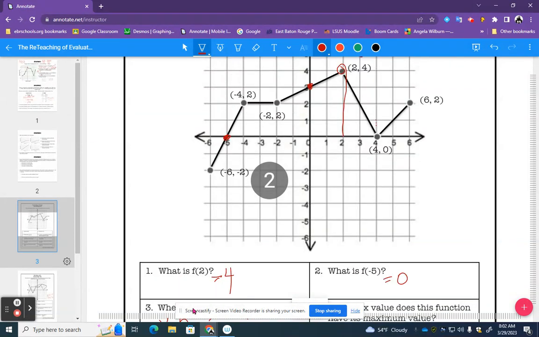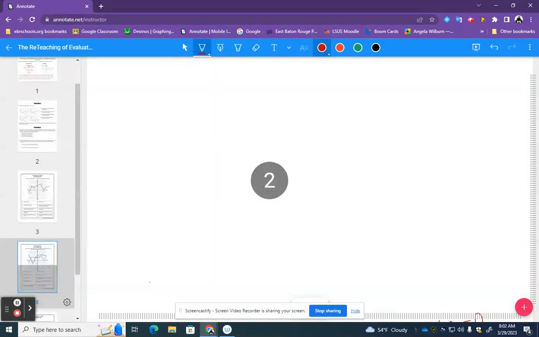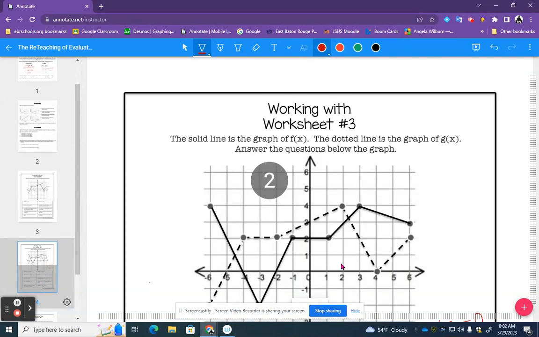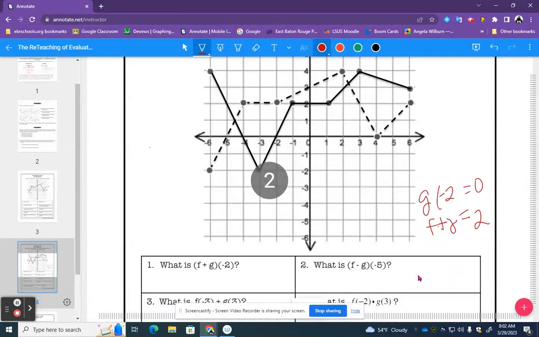So y'all kind of get the picture with that? This one, I wanted to show you when it asks you, let's say it says add f plus g of negative 2. That simply means add, what is f of negative 2? The solid line is f.